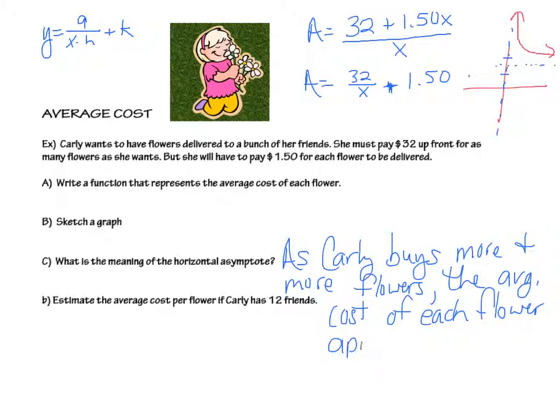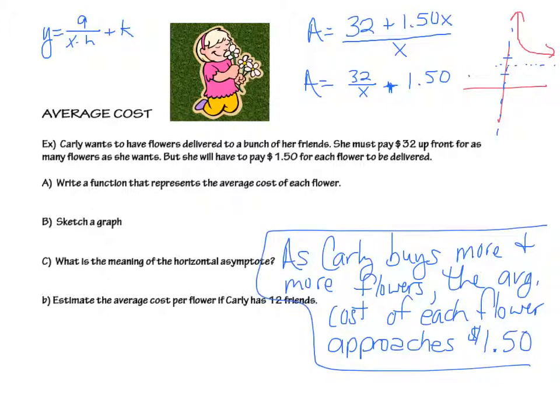That's a big word there. It's approaching, because it's an asymptote, right? So it approaches $1.50. So I'm looking for some kind of a sentence like that for your problem, for you to answer what the meaning of that asymptote is.